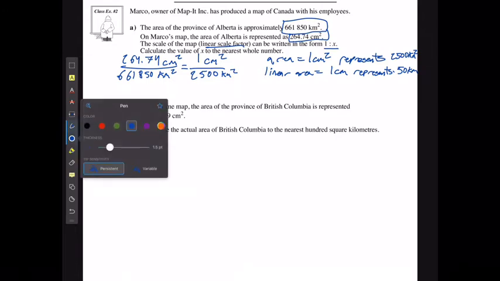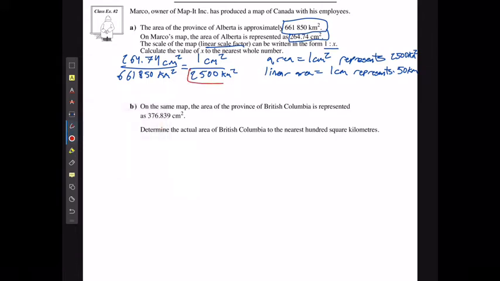Now, if you're wondering how I got the 2,500, I just cross-multiplied.